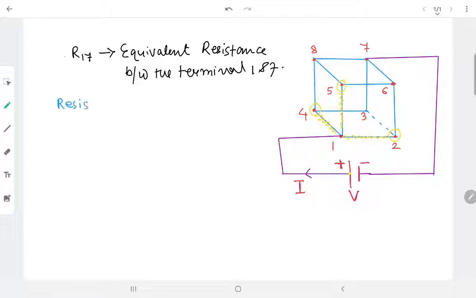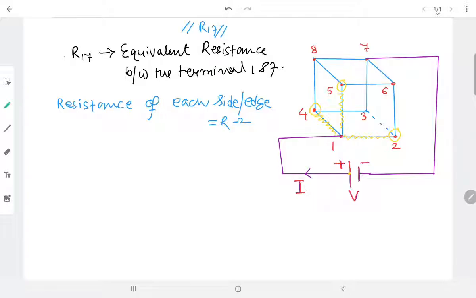In this question I am assuming the resistance of each side or edge equals R ohm. Okay. So what is the target? Target is to find out R17. Okay.